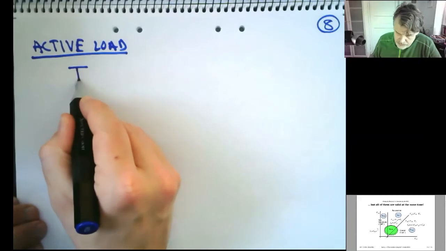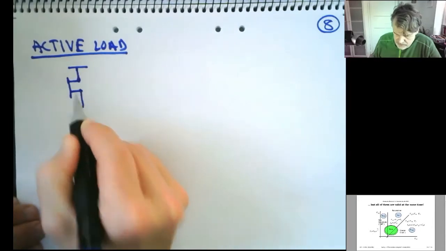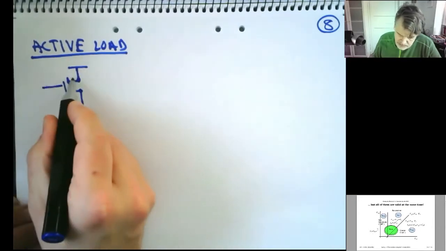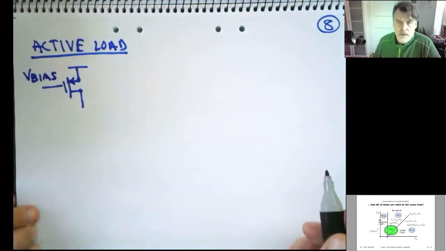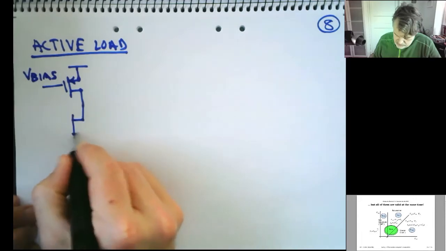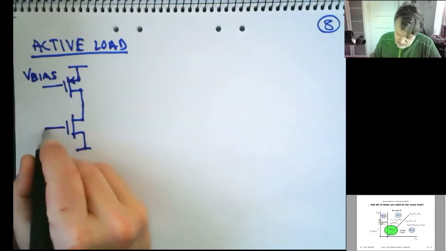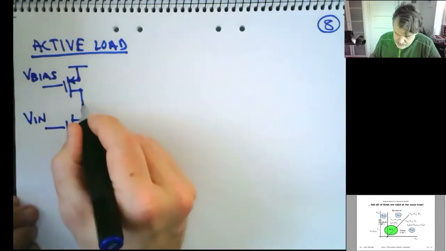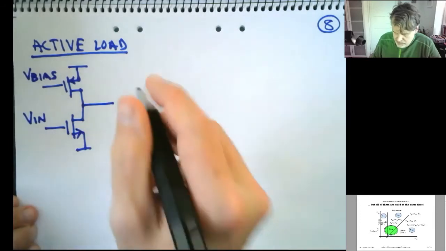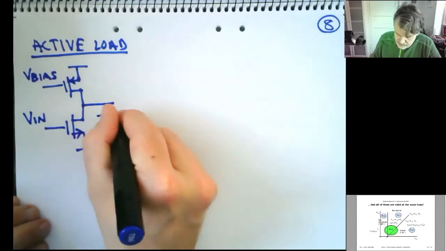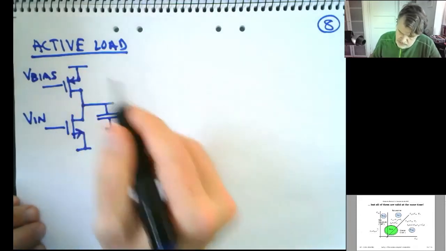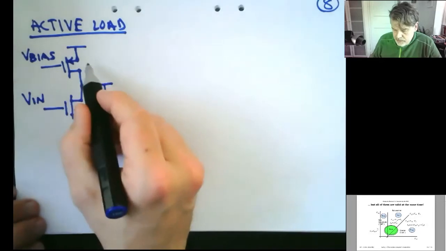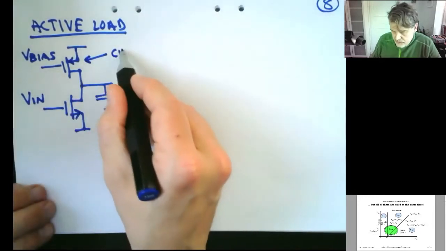So active load, I replace the resistor with a CMOS transistor. I connect a bias voltage here. I connect my input voltage, and I connect my load capacitance here also. So I use a transistor as a current source.